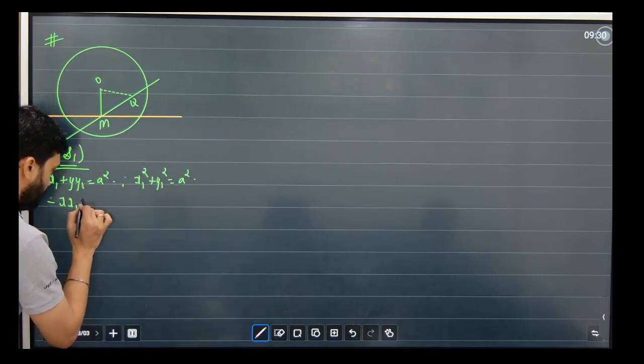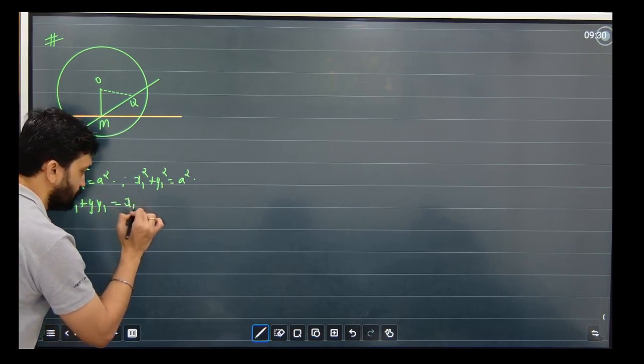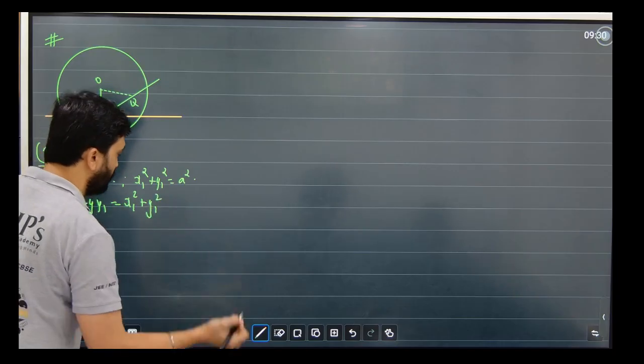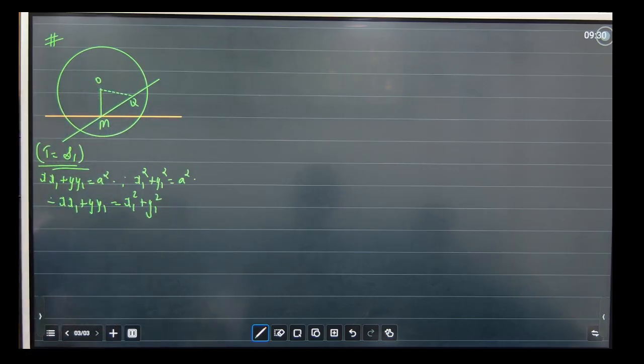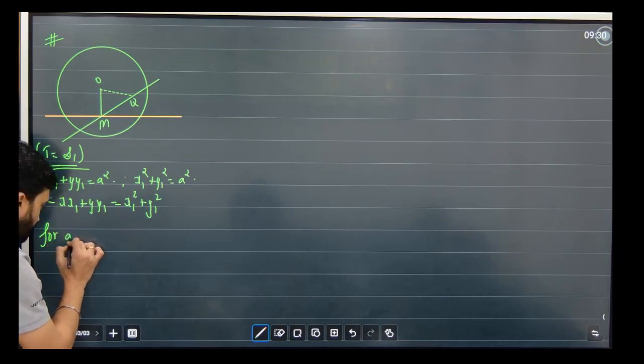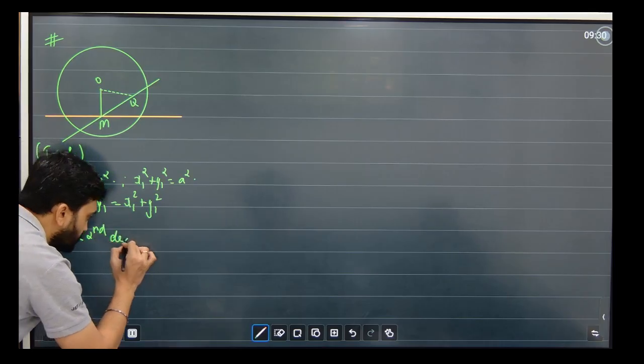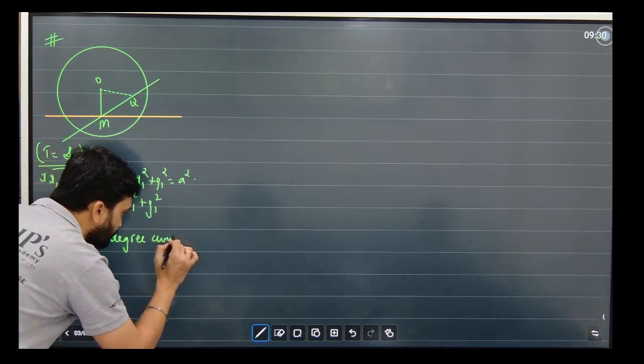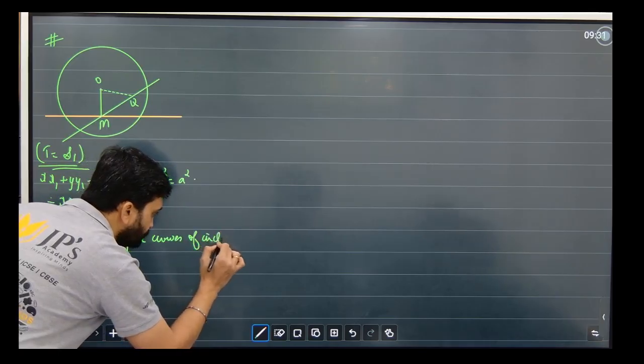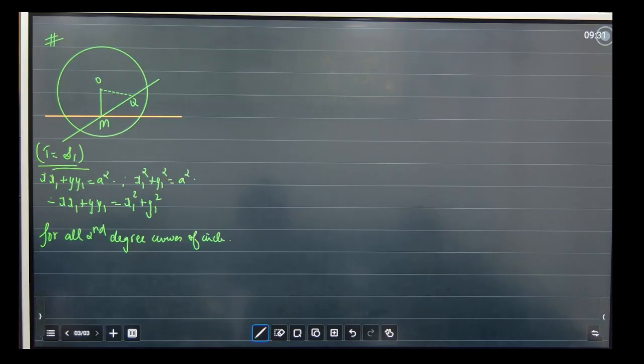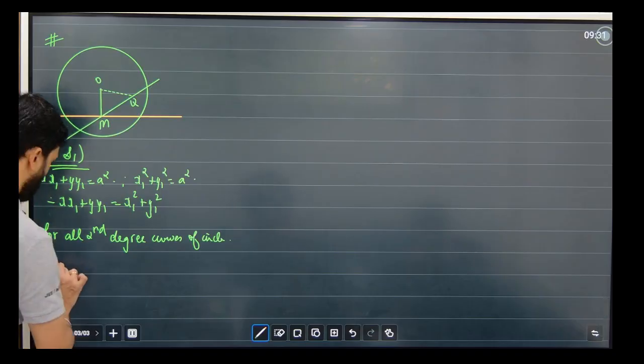Now, it is true for all second degree curves of circle.